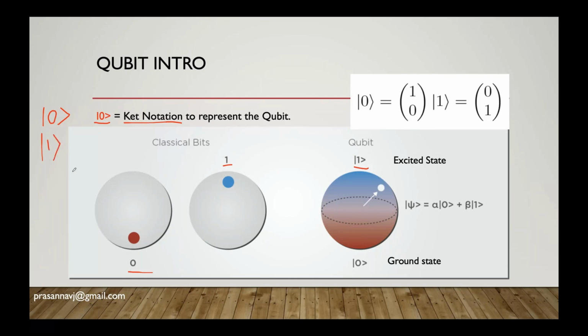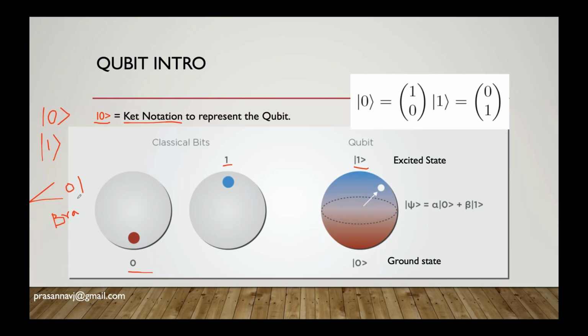There is also another notation, which is called bra notation. If you have 0, it is a 0 bra, and if you have 1, it is 1 bra.